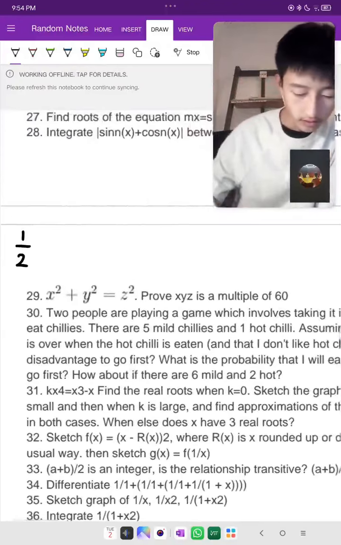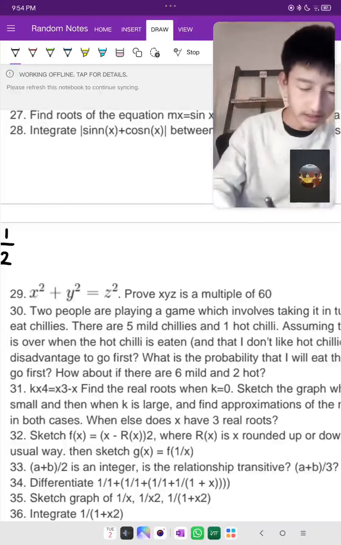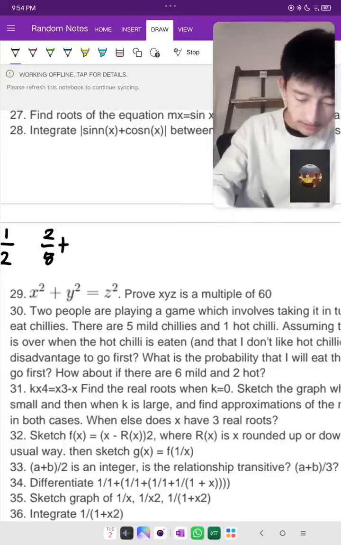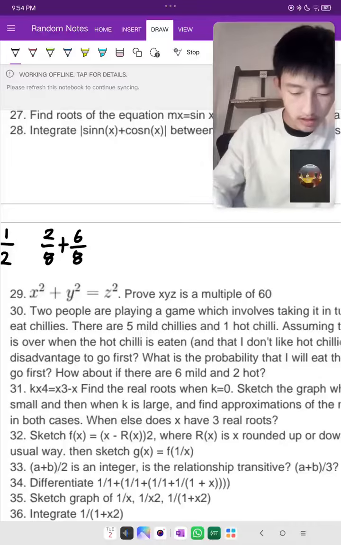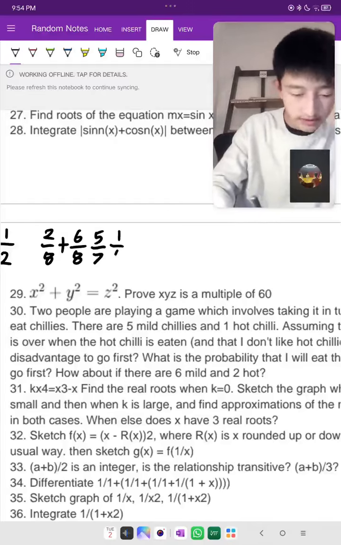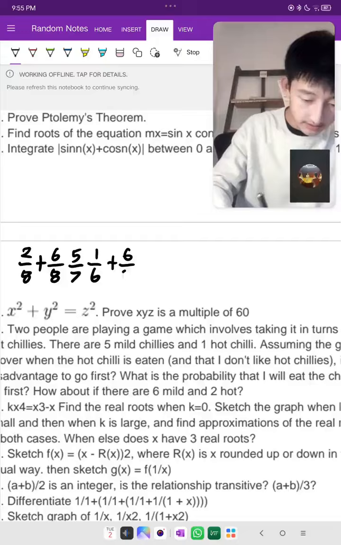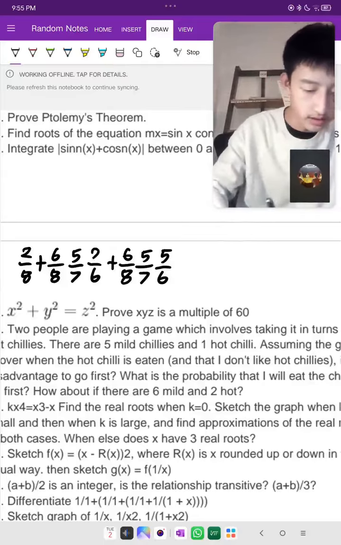Okay, so the probability I eat the hot chili if I go first is going to be 2/8, then plus 6/8, then 2/7, then plus 6/8, 5/7, 2/6.